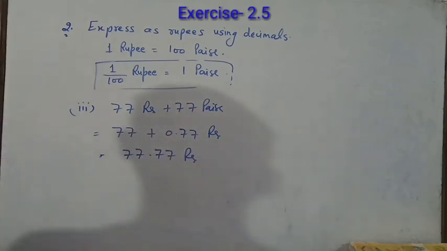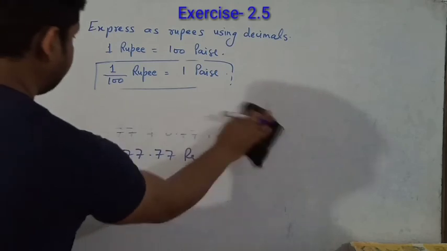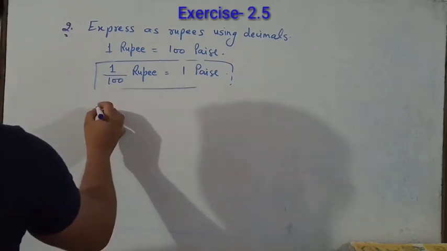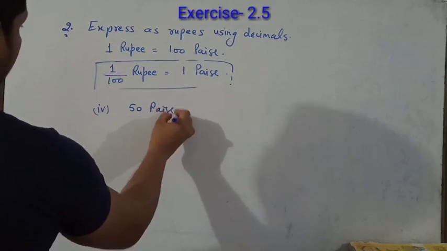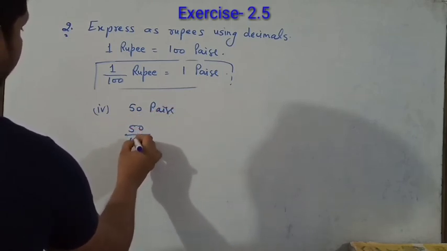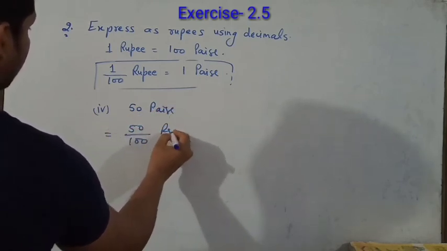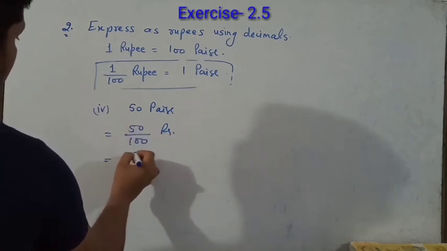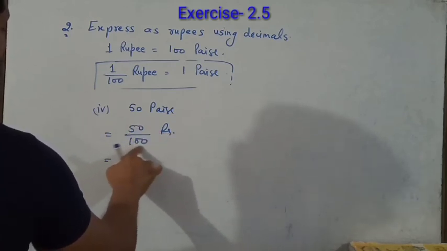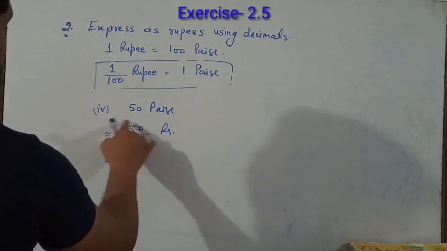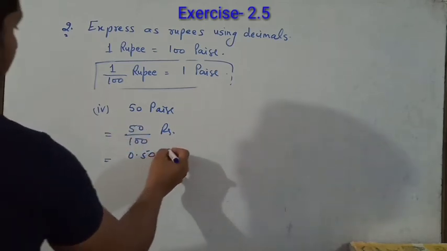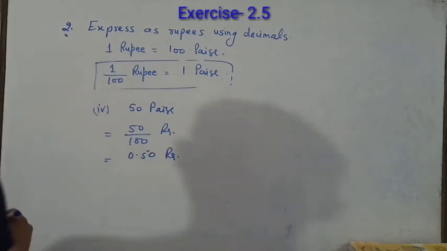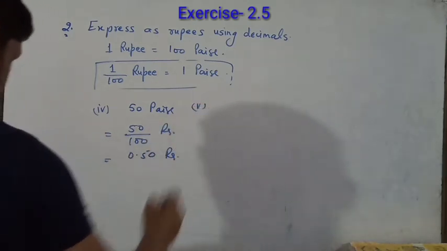This is the conversion to decimals. And the next is 50 paise. Then 50 upon 100 rupees. Conversion: 0 point. We have 2 zeros in the denominator, so after 2 decimal places we will put the decimal sign, in rupees.